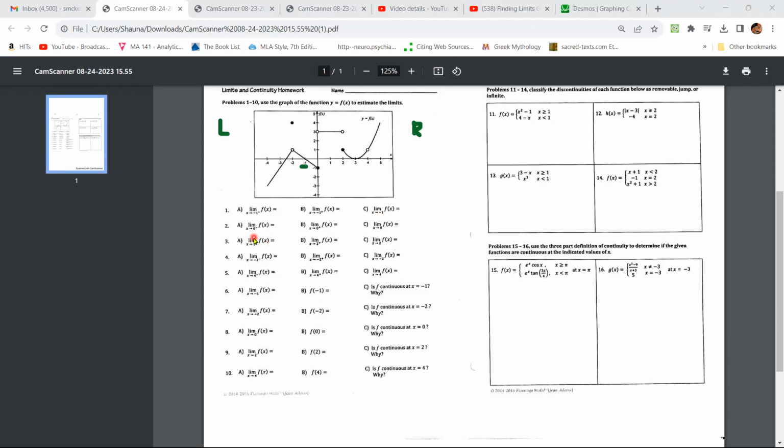Number 2, we're going to 0 now. What is this telling us in number 2? I'm going to erase my green mark under -1. What is number 2a telling us? You're approaching from the left side to 0.